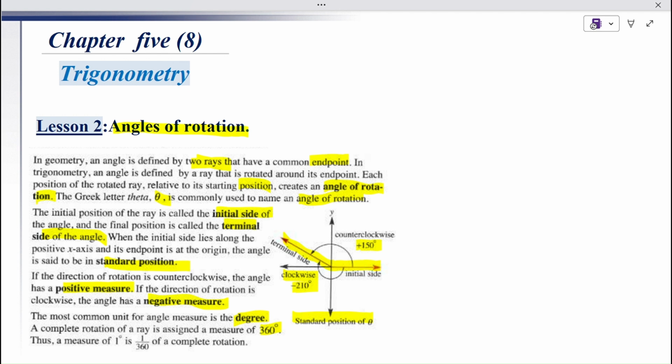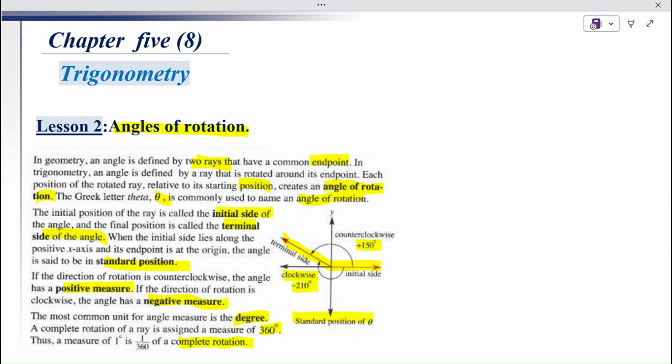Guys, this is some background about angles of rotation. We have two directions of rotation, counterclockwise and clockwise. If the direction is counterclockwise, our angle is positive, but if the direction of rotation is clockwise, our angle is negative.